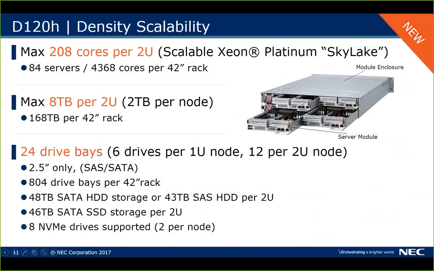We can pack 208 cores per 2U using the new scalable Platinum Skylake processors. We can pack 2 terabytes of memory per node, and then 6 drives per node as well. We can do SSDs or HDDs or whatever you prefer. So highly dense, highly scalable.